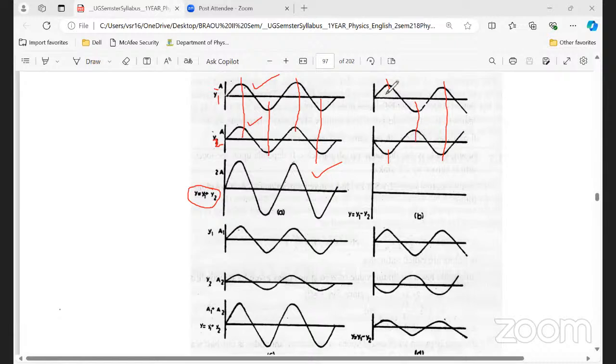Both are in opposite, that's why y equals y1 minus y2. Is there any amplitude? No, zero. This is the destructive case, and this is the constructive case. Like that, you can explain with respect to the diagrams also.